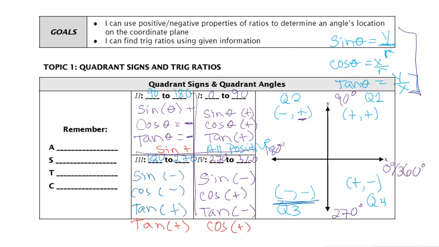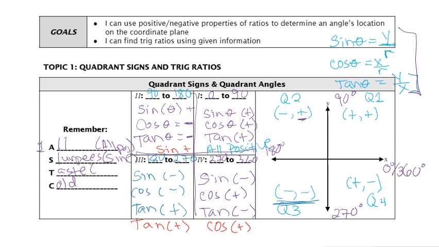There are lots of phrases to help remember this. I'm going to use the phrase, all Slurpees taste cold, to remember that in quadrant number 1, they're all positive. In quadrant number 2, sine's positive.